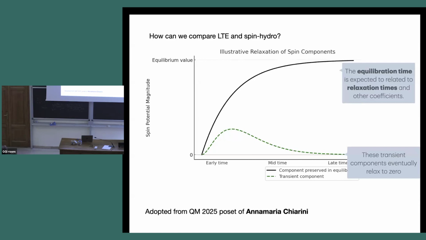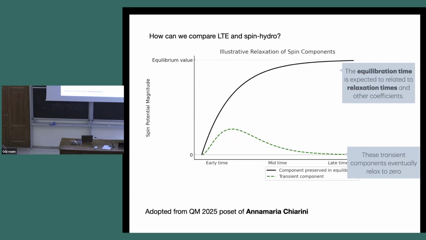But the point here is that assume that you have some thermal vorticity, in equilibrium or not in equilibrium. When spin hydrodynamics, when the spin potential relaxes, it does so for some components. But there are other components that should go to zero when relaxed.